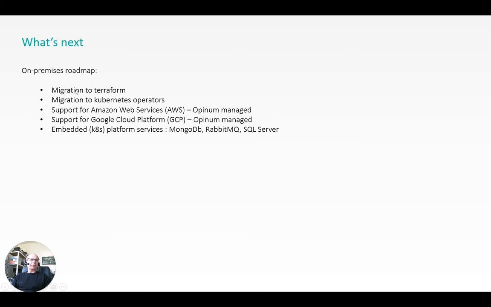And at the same time, we'll migrate to Kubernetes operators, as I mentioned on the previous slide. Once we have this, we will do the work to support AWS and GCP in Opinum Managed mode, where we can set up everything for you: network, virtual machines, Kubernetes cluster, enterprise services, managed services, and so on.